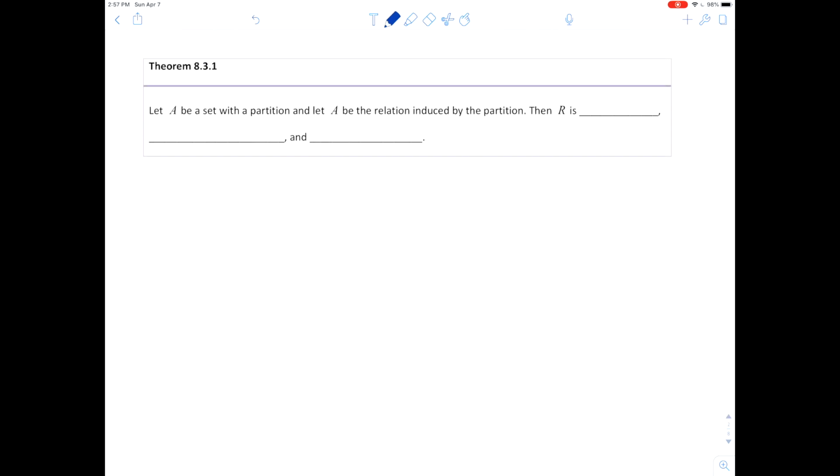So now we get to theorem 8.3.1. Let A be a set with a partition, and let R be the relation induced by the partition. Then R is reflexive, symmetric, and transitive.